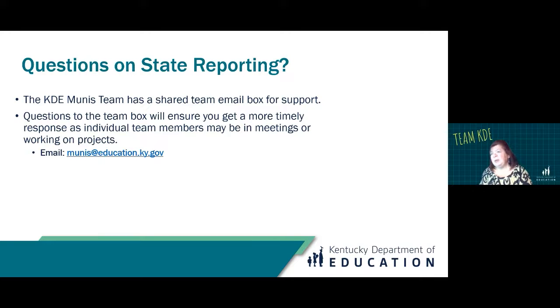You can get those EPSB ID numbers in the employee master. You can run these reports and see what those errors are. If you run it and you've got an error that you don't know how to correct, go ahead and reach out to us at themunis@education.ky.gov, and we can start now. But the official reporting period is September 15th to October 1st.